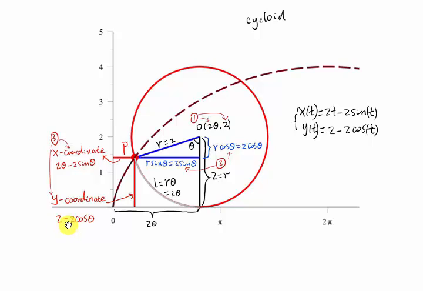So it will be 2 minus 2 cosine t. That's the y coordinate. So the y coordinate is a function of t, and the x coordinate is also a function of t. And this is the parametric equation for the trace of this cycloid. Okay, so please review this lecture. I'll see you next time.